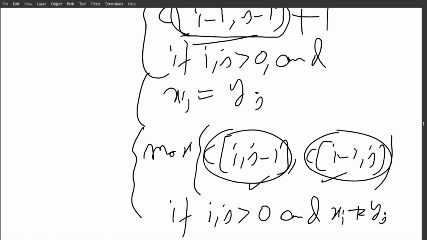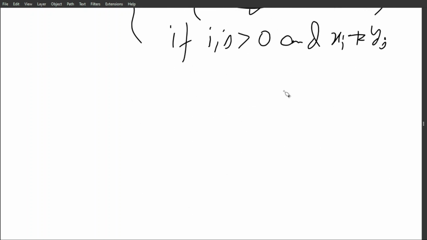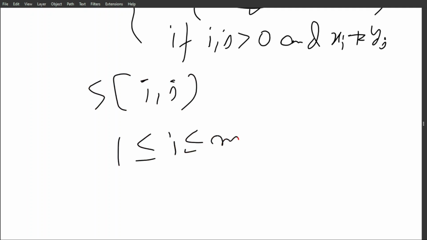So we should also maintain the path, how to recover. For this we maintain a table, call it Sij, where i ranges from 1 up to m and j ranges from 1 up to n.